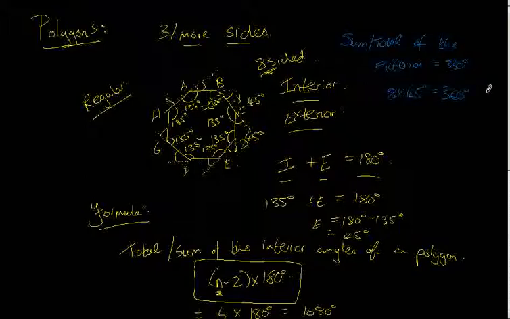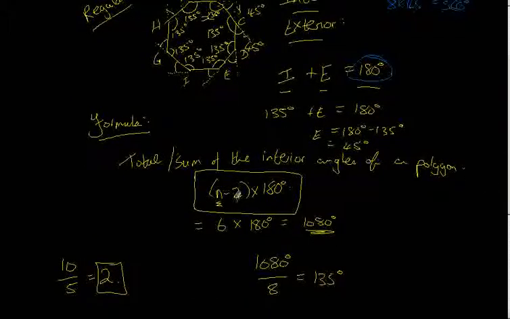Cool. So these are the basics. Interior plus exterior should give you 180 degrees. You should know the total interior angle of a polygon is n minus 2 times 180 degrees, where n is the number of sides of your polygon. If you want each interior angle individually, you just take the total and divide it by how many angles you have.